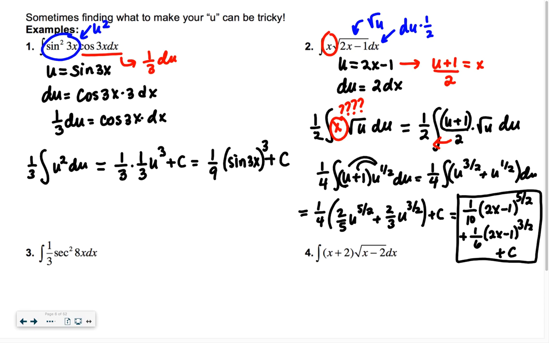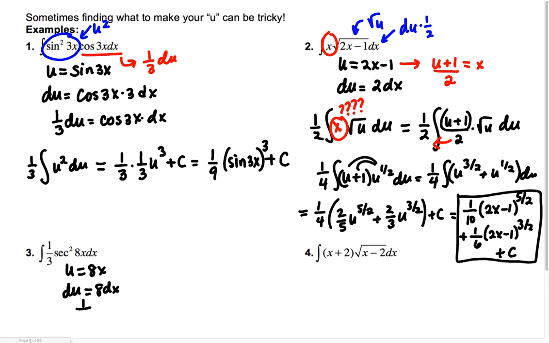Oh, yeah. All right, so this next one, any ideas on what u should be? If it's secant squared of 8x, what do we need to have hidden in there? Secant squared of 8x, tangent of 8x, 1/8. This one, the u is just 8x. Why is it only 8x?